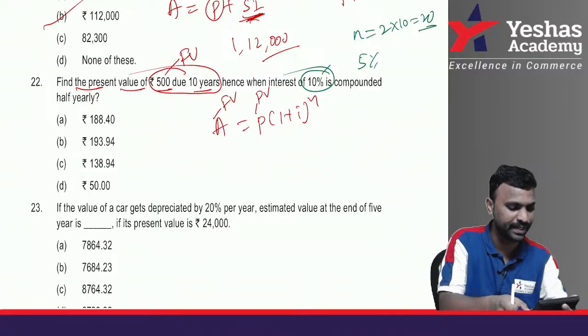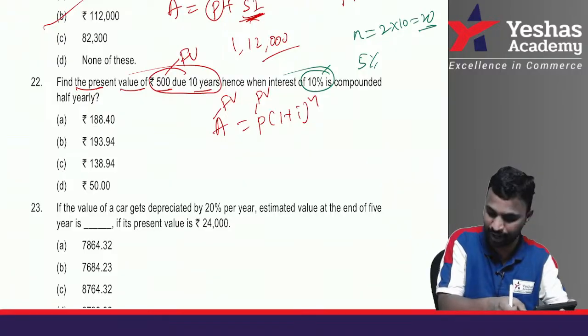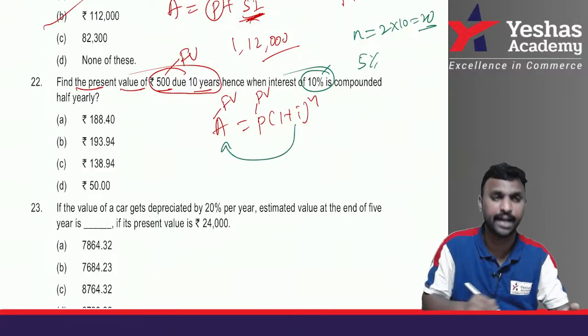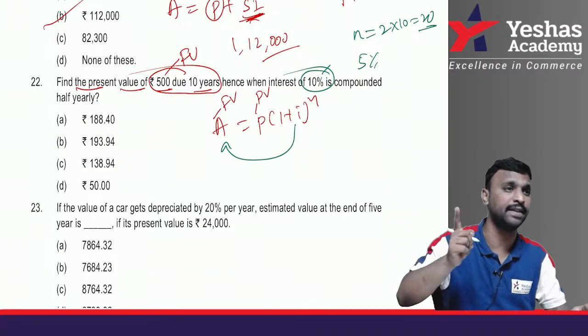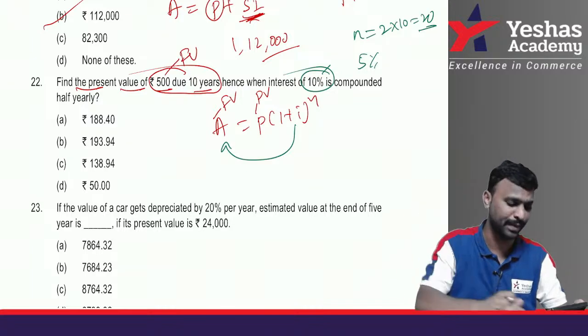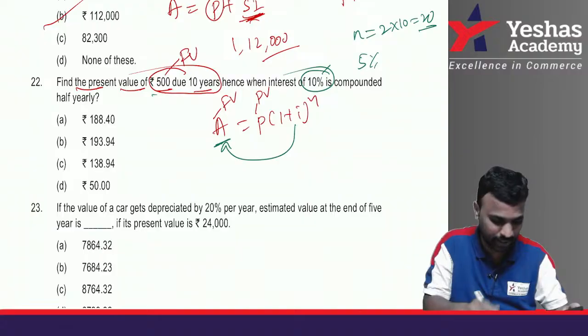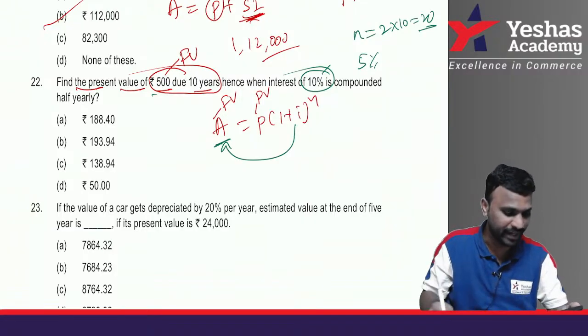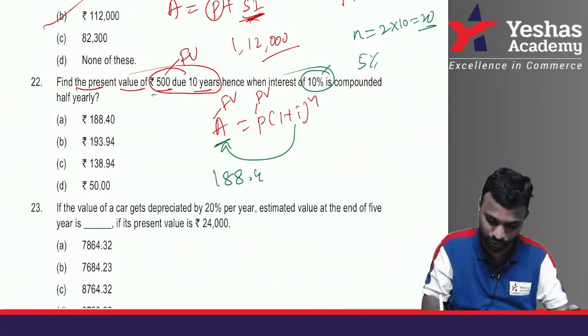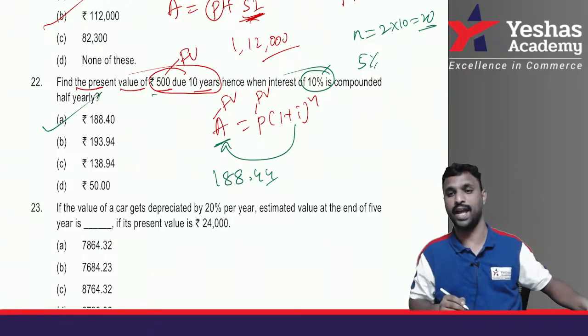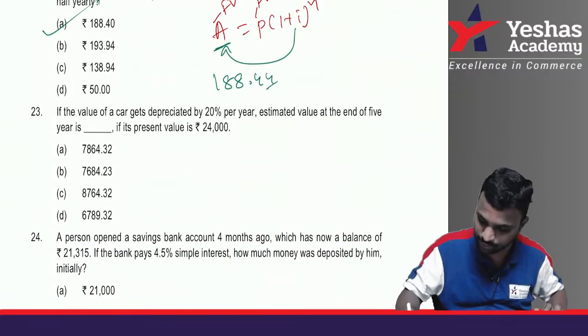Press into, keep on pressing equal until the counter number is 21, because n is equal to 20, isn't it? Now take it to the other side and divide, but we just take the reciprocal and multiply. How do you take the reciprocal? Divide equal and multiply with the future value 500, which is 188.44. The nearest answer is option A, so 188.40.